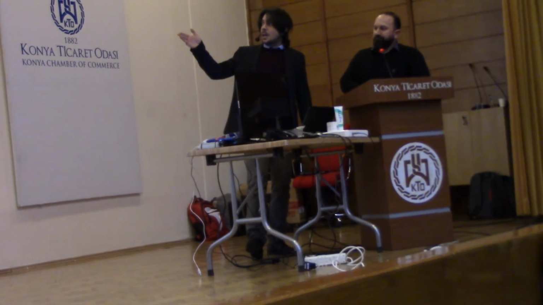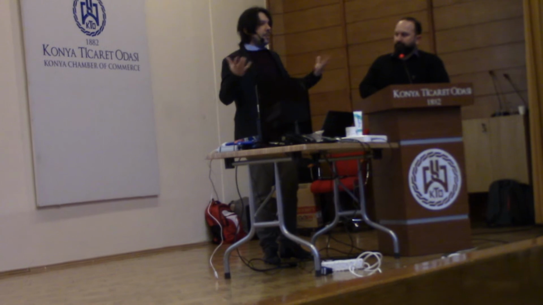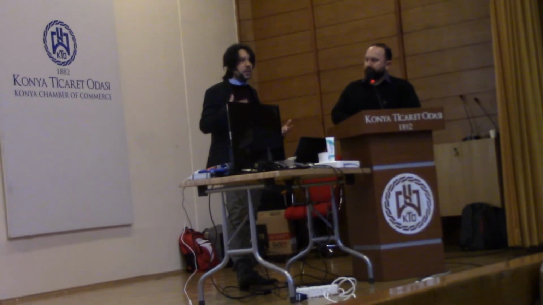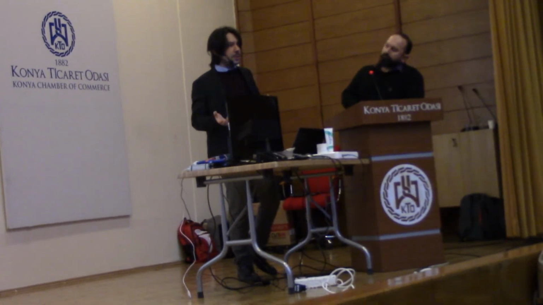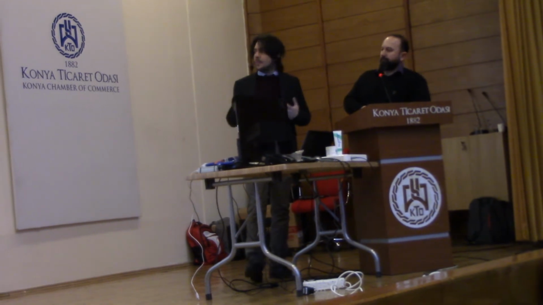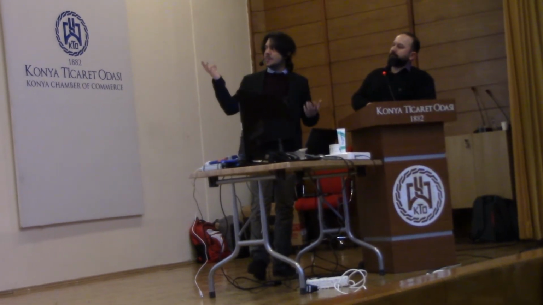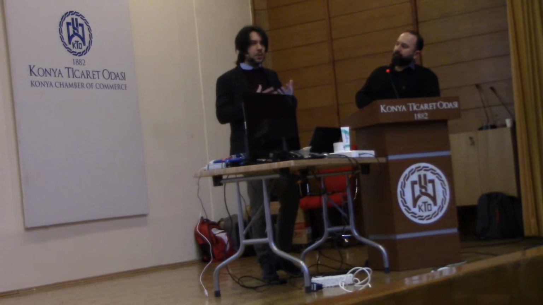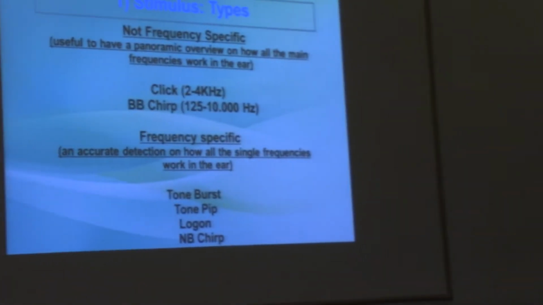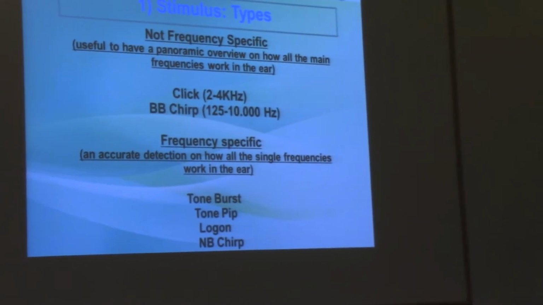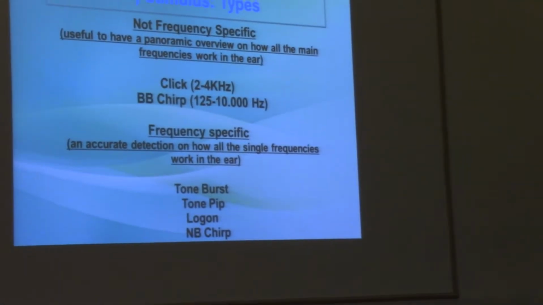Briefly, we have two main families of stimuli, the not frequency specific and the frequency specific ones. Click and broadband chirp are the two typical not frequency specific stimuli. It means they test a larger amount of frequencies.